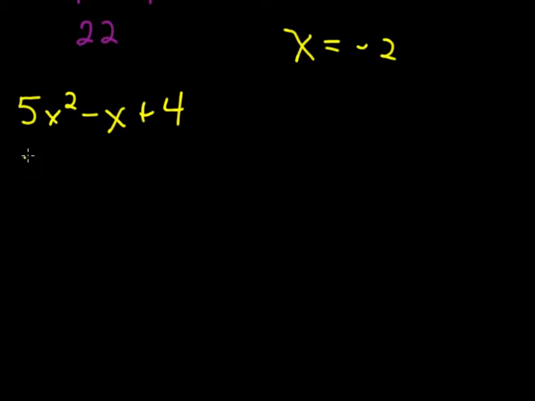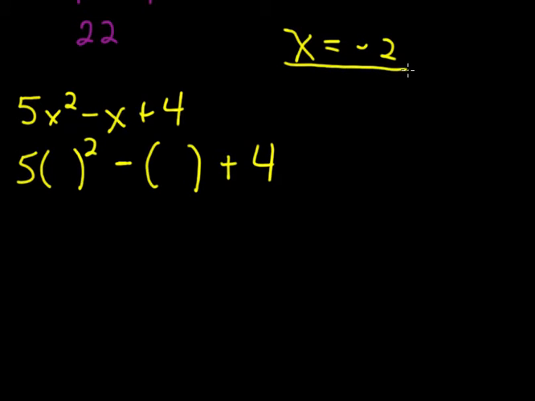So there we go. So I'm going to take my parentheses. I'm going to put them in. And now I know that whatever x is going to drop right into those parentheses. That's a -2. And that's a -2. Order of operations says that I do my squares first, my exponents first. So this is -2 times -2. The negative sign is in the parentheses. So a negative times a negative is a positive. So that's going to come out +4.